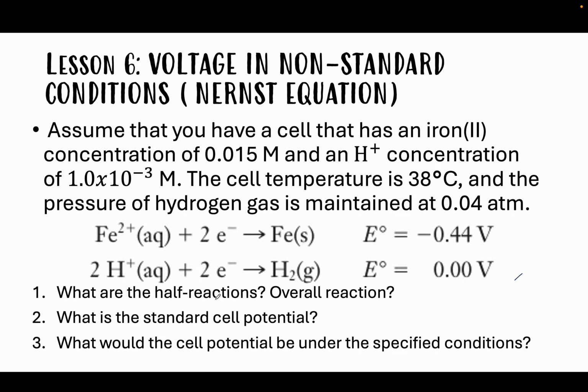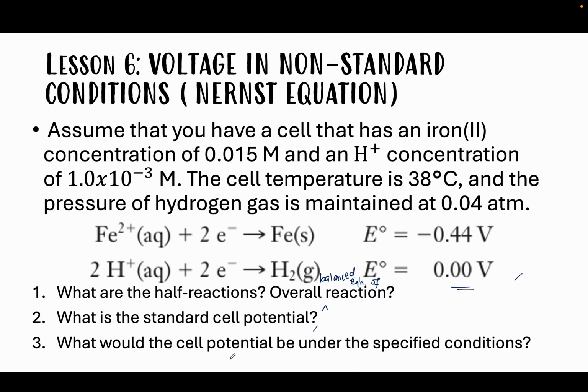Alright, so 1, what are the half reactions? You have to identify which one is reduction, which one is oxidation, and what is the overall balanced equation of the reaction. And then 2, what is the standard potential? So you're given the data here, so you can definitely get that one.